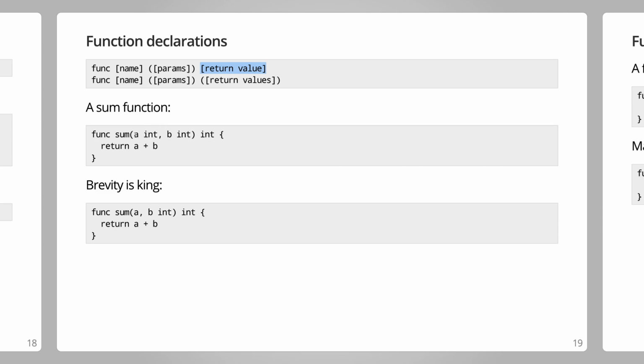Here we see that the input argument a is preceded by the type int, and similarly for the variable b, it's preceded by the int type. If the two types are the same, so if a and b are both ints, we can write it in this shorthand form as well.